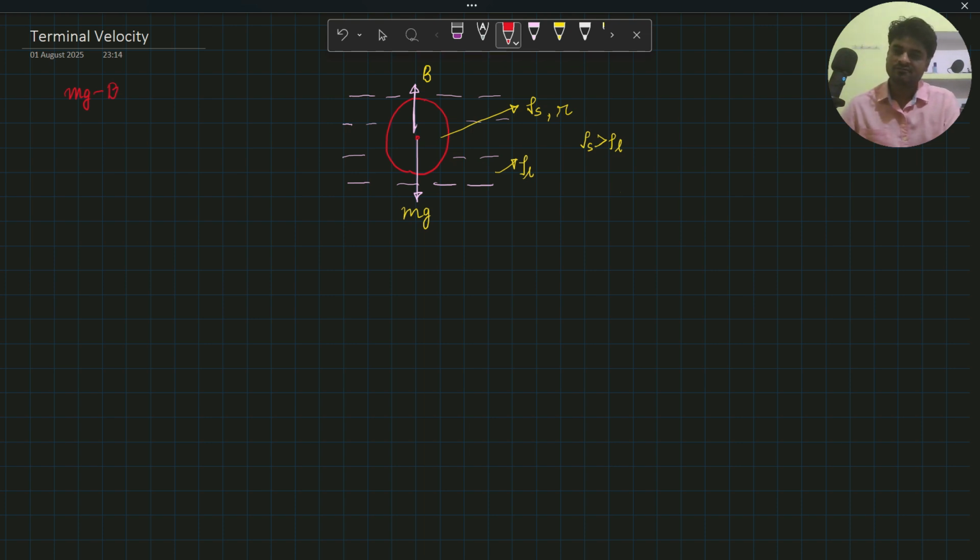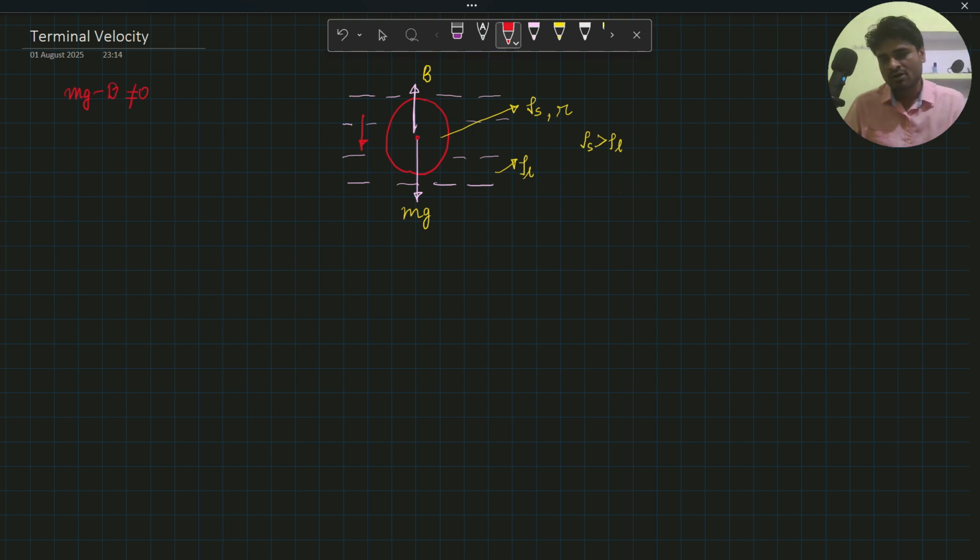It will not be zero, and because this is not zero, there is a net downward force acting on the ball, and because of this, its velocity will start increasing.